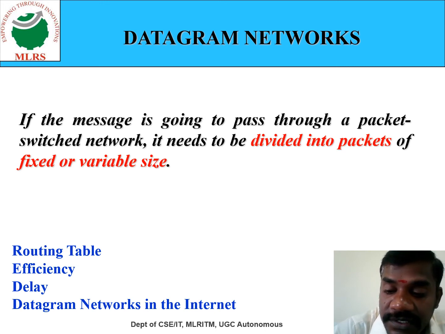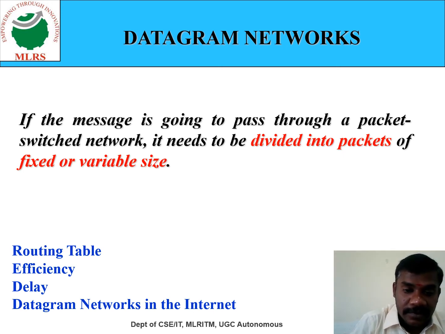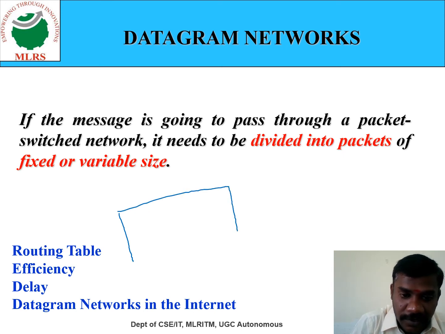How is this done? By using routing table concepts. Sir, what is in the routing table? To find the shortest path. But here it won't find the shortest path, just passing the information. The routing table contains the source address, the destination address, and the intermediate node.